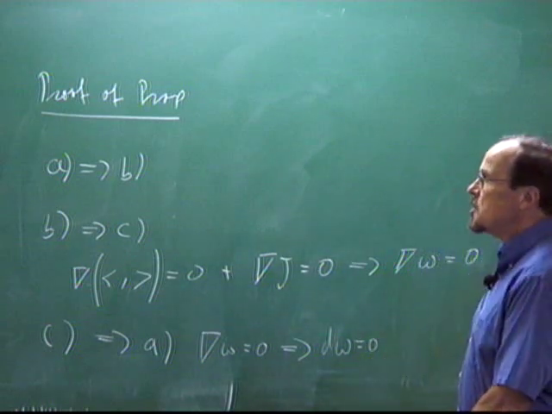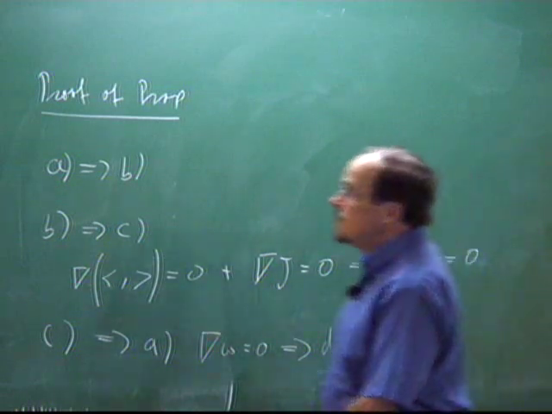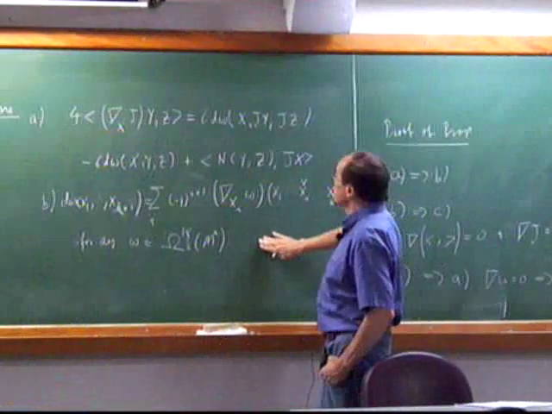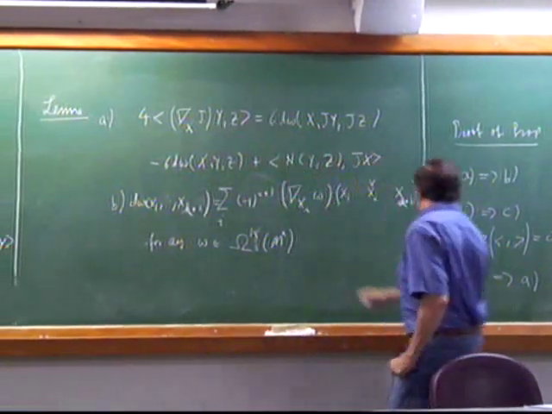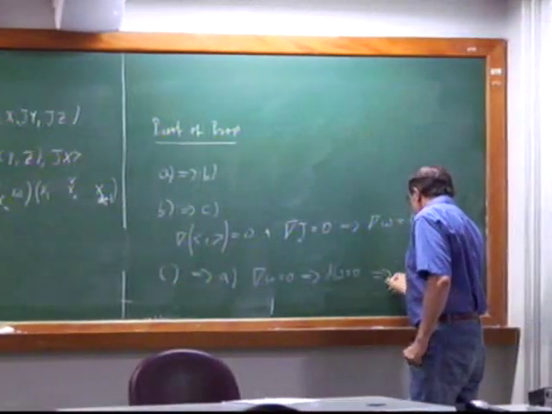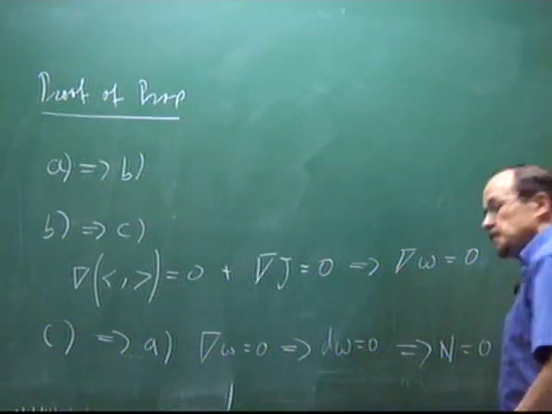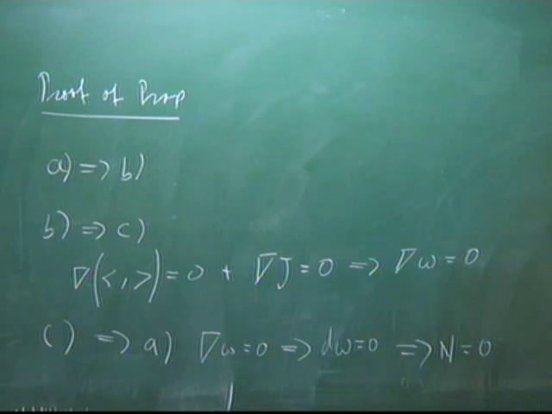And it also has to be integrable, and that now follows from part A. So now we have d omega is 0 and nabla J is 0, so this implies the Nijenhuis tensor N is 0. So it's integrable also. So all these conclusions are simple consequences of the lemma.